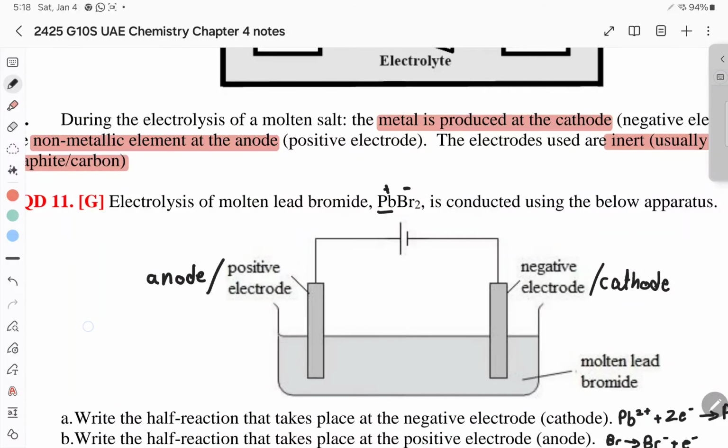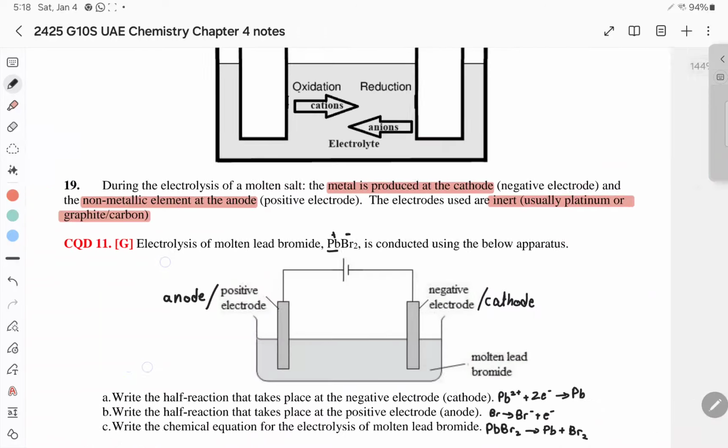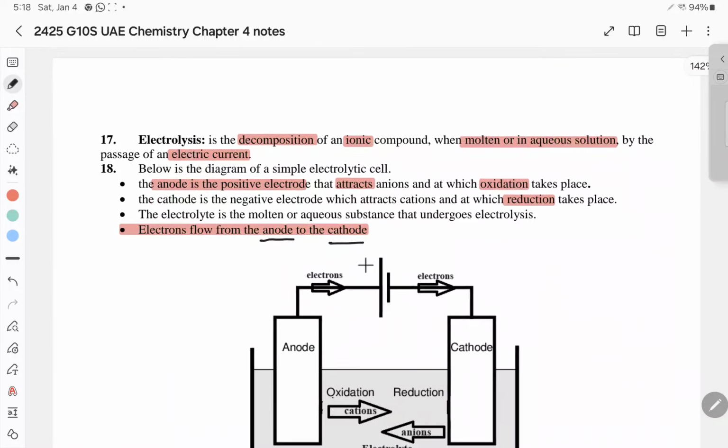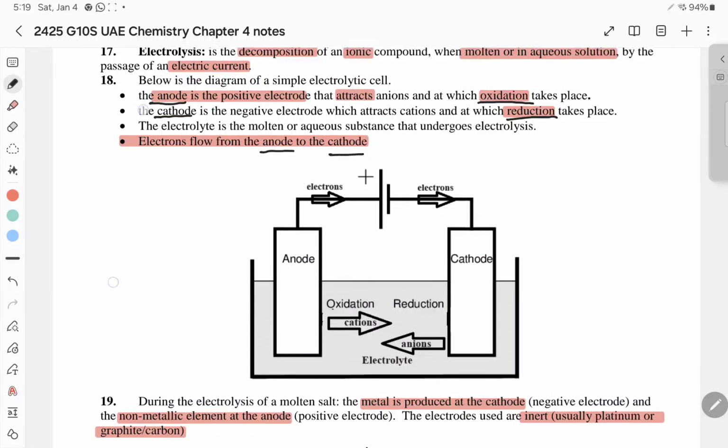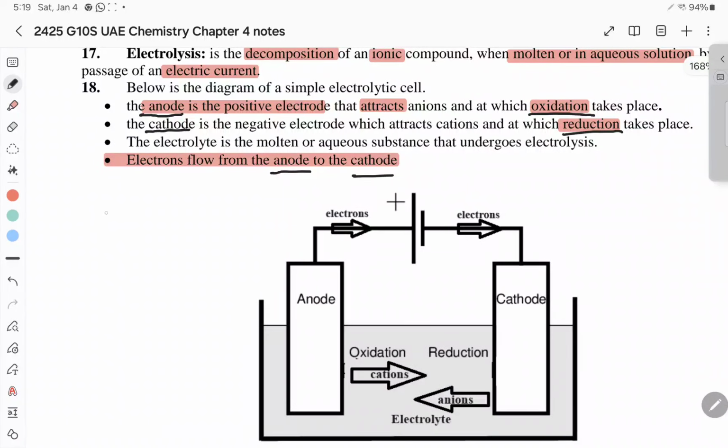So at the negative electrode, aka the cathode, the Pb is going to go to it. And we need to know that at the anode, oxidation takes place, and at the cathode, reduction takes place. For the cathode, we have it memorized by the red fat cat.